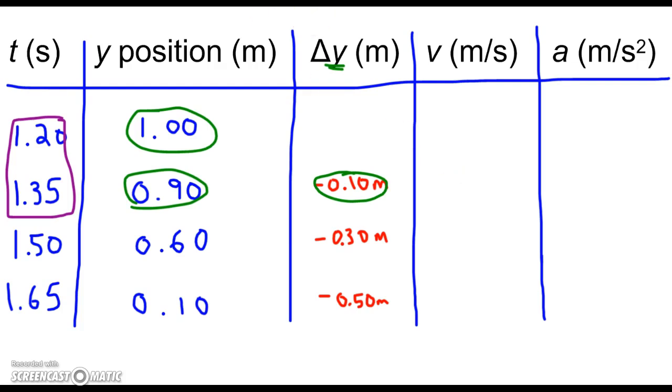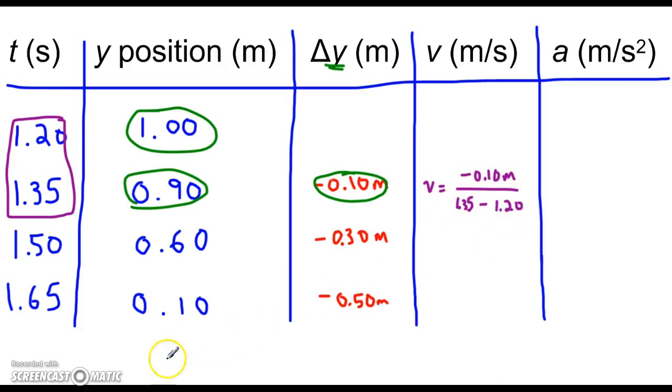Okay? So here's what you're doing. The velocity is the displacement, which we know, and you're taking final time, which was 1.35 seconds, and subtracting the initial time, when you had the initial position, which is 1.20 seconds.